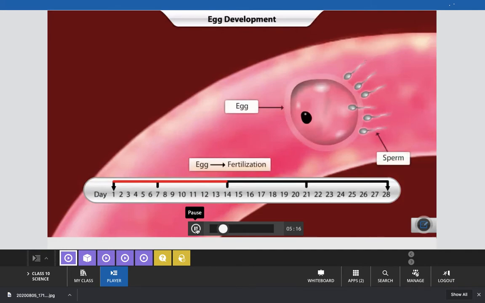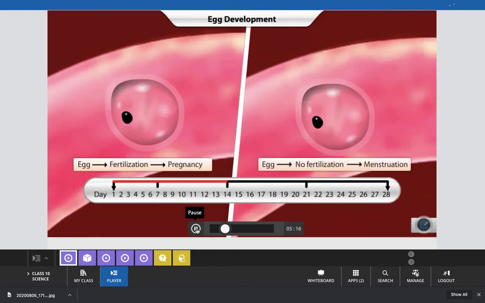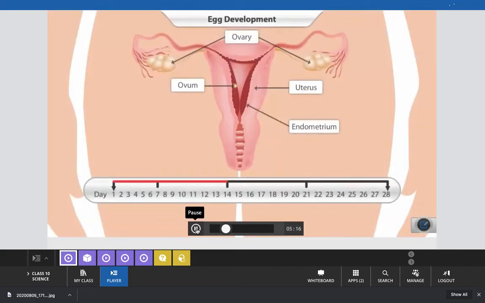If the egg is fertilized during this journey to the uterus and successfully implants, it results in pregnancy. If fertilization does not occur within 12 to 24 hours, the egg disintegrates and dissolves and is shed along with the lining of the uterus and its blood vessels.